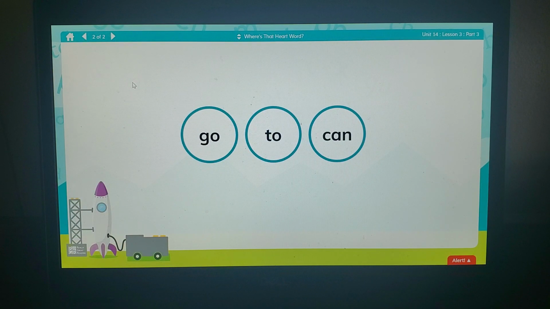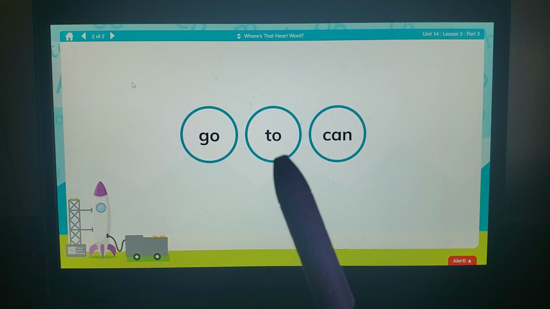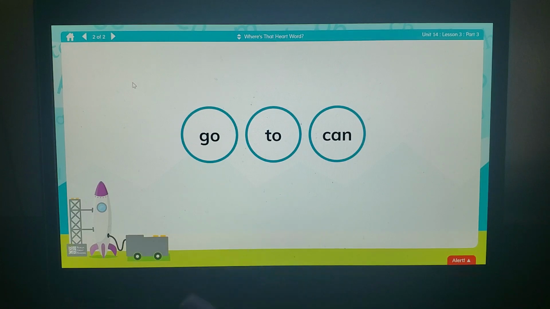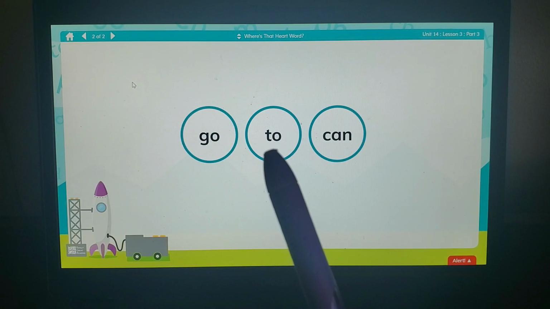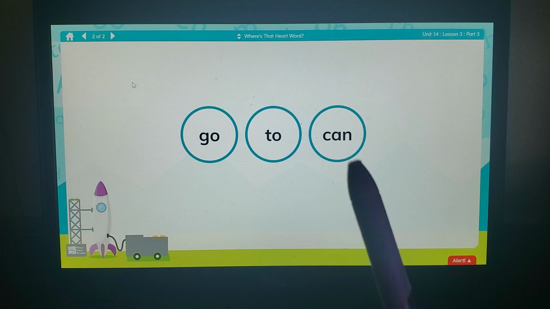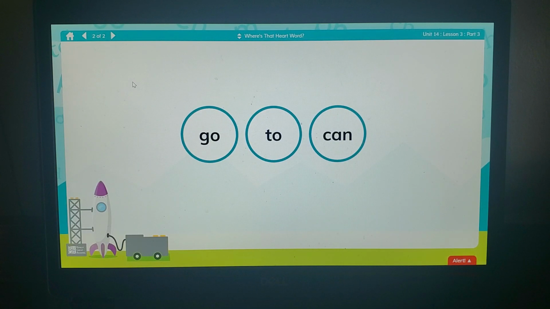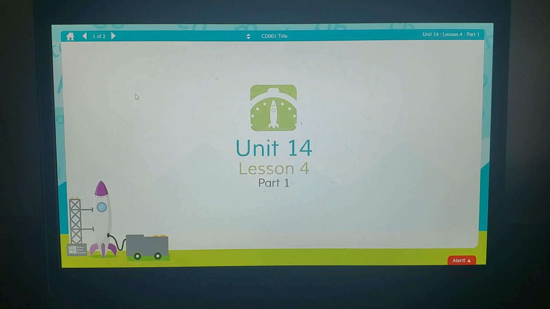Which word is in the middle of the row? To is in the middle of the row. Please read these three words with me, please. Go, to, can. So that completes unit number 14, lesson 3, parts 1, 2, and 3.